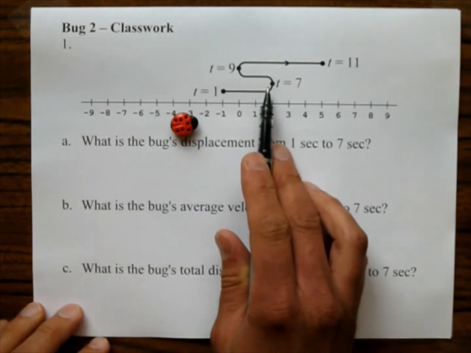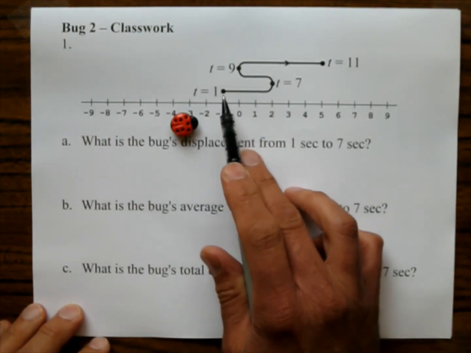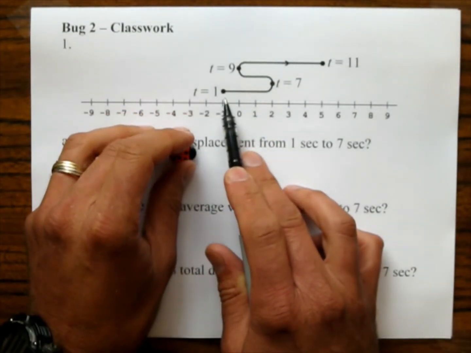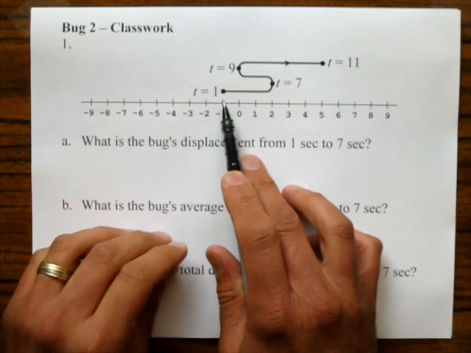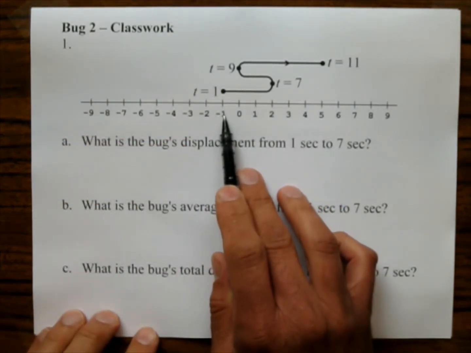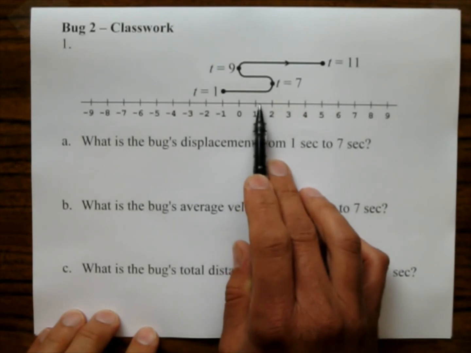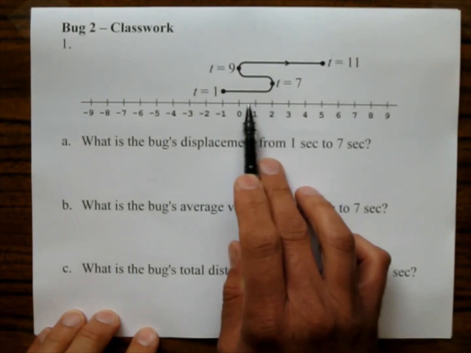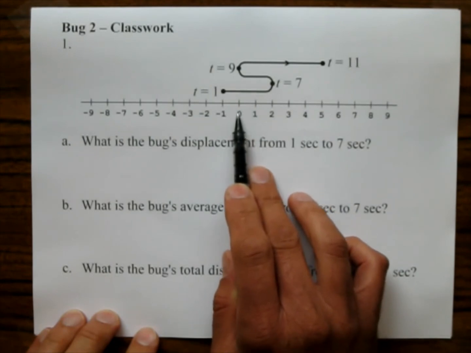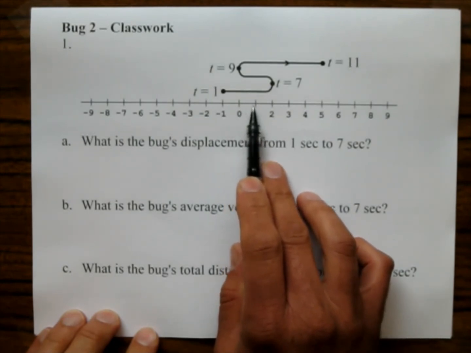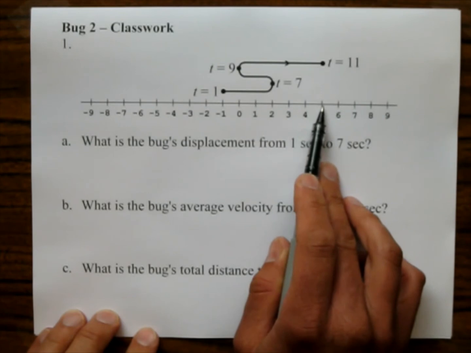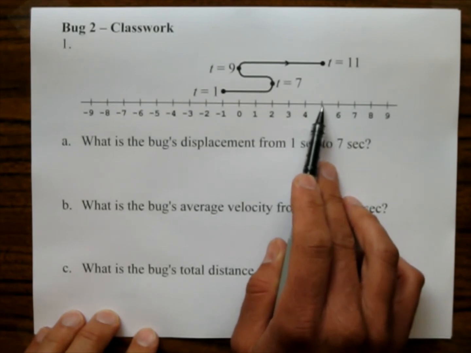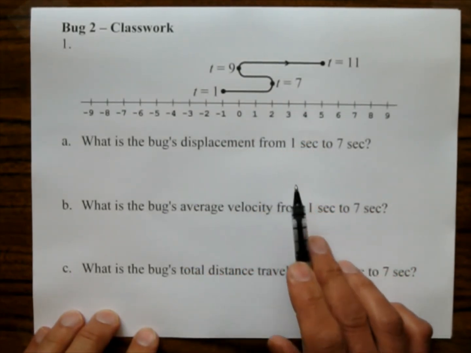This diagram right here describes the times and the positions. So at time 1 the bug is there, and then by time 7 he's there, and then time 9 he's there at the origin, and then time 11 it looks like he's at 5. So that is this description, and we learned this in Bug 1.